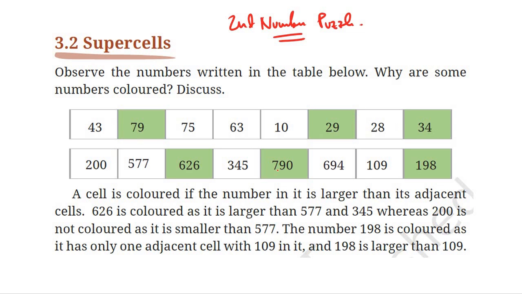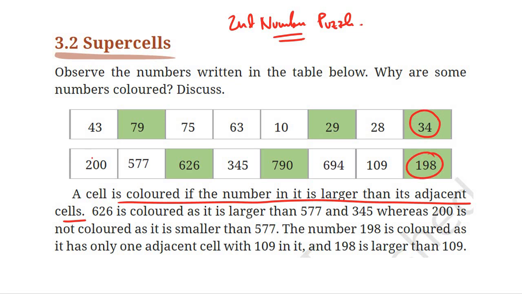Single row, again another row, 8 columns. Now here you see, a cell is colored if the number in it is larger than its adjacent cells. See, for example, over here, this cell has a number which is larger than the nearby one, so it is colored. Again the same for this one, it is colored.